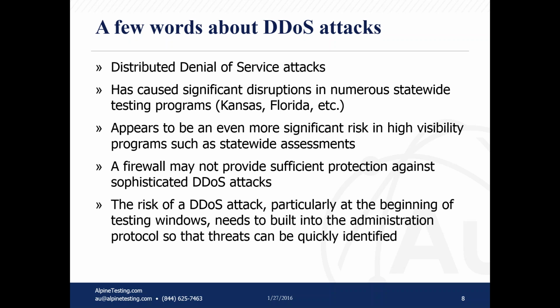And so the reason I wanted to mention this, because it is such a risk and it is potentially so disruptive, is that for those parties who are working in an area where this is a real risk, you've really got to build it into your plan and have a system in place where these can be identified very quickly. Because once you've identified where the DDoS attack is coming from, you can adjust your firewall and push those people out. But until that happens, it can be incredibly disruptive.